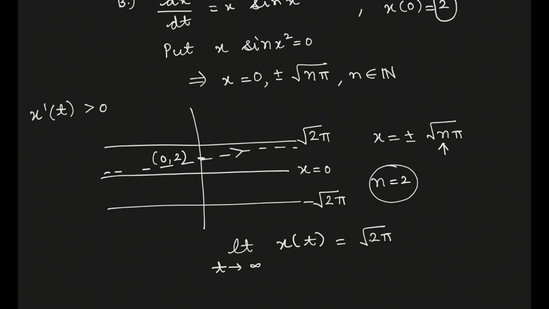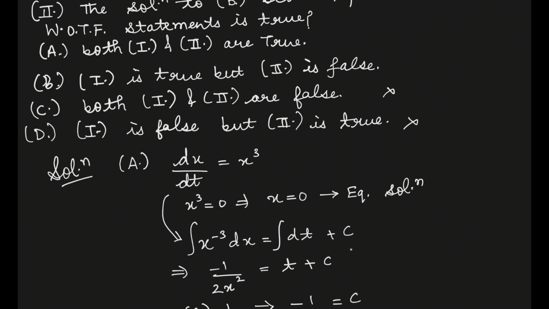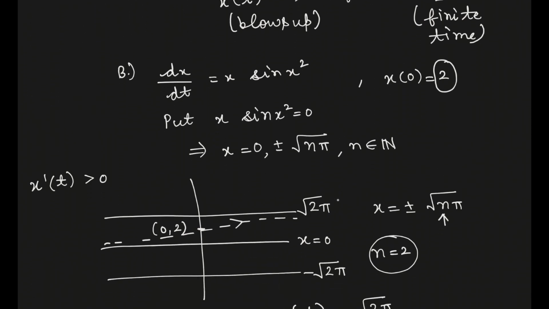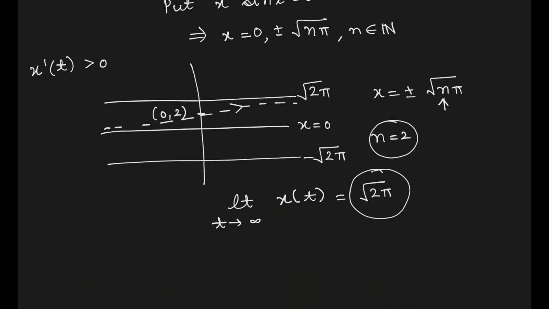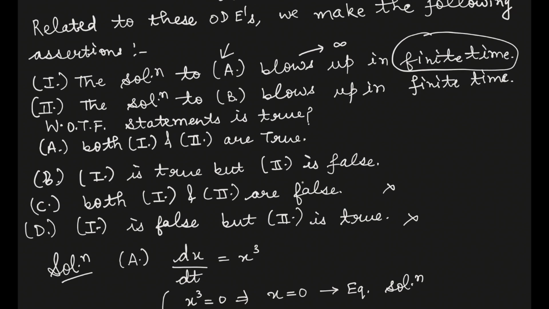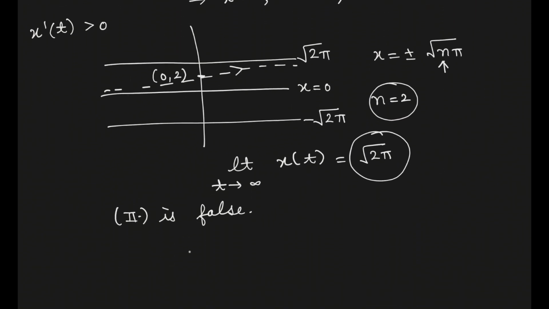And it was saying that the solution blows up, means it goes to infinity. But clearly I am getting a finite solution. That's why statement second is false. Statement first was true, statement second is false. So our option B is correct. So the answer for this question is option B.